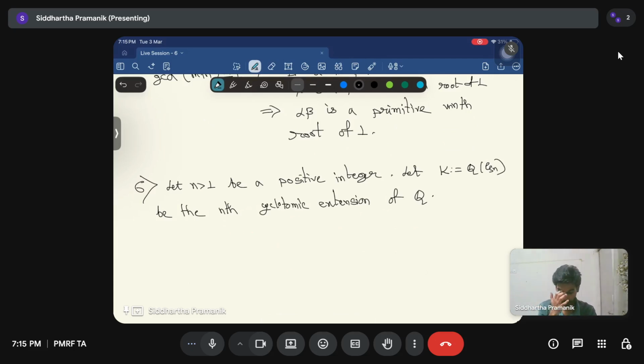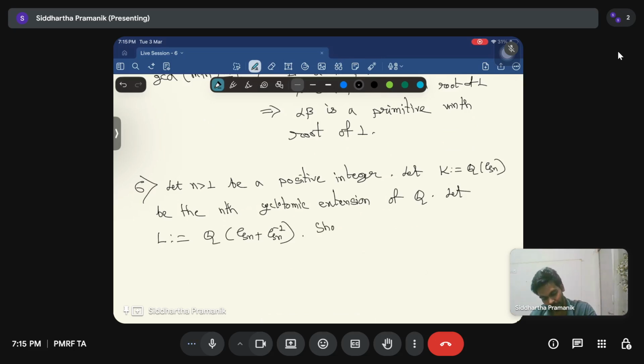Okay. Then, and also let L be the field Q adjoin zeta n plus zeta n inverse.